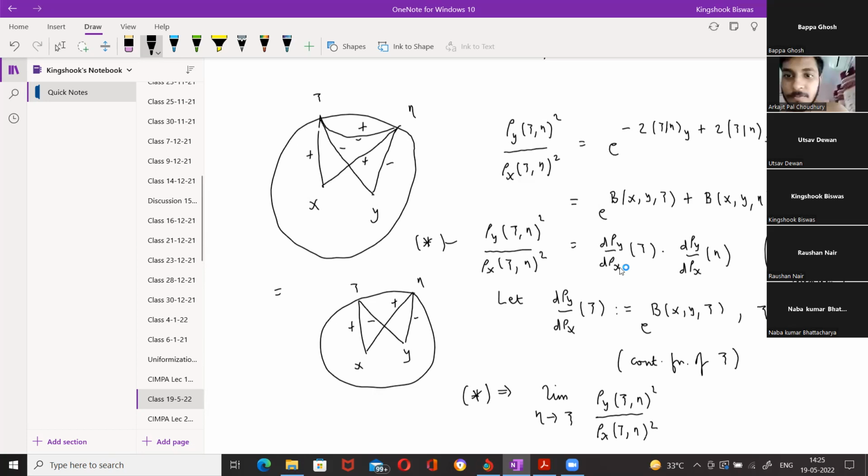If I assume, which is true, that this is a continuous function of xi, then this converges to d rho y by d rho x of xi. So this right hand side converges to d rho y by d rho x of xi whole square, right? So I can remove the squares on all sides. And I get that the limit of the ratio of these two visual metrics exists and is equal to this function, this d rho y by d rho x of xi.